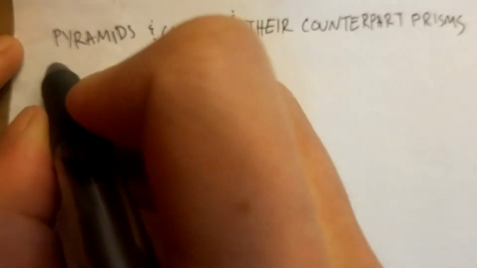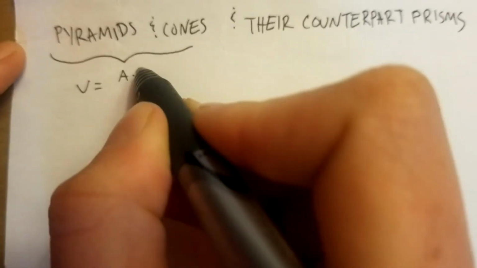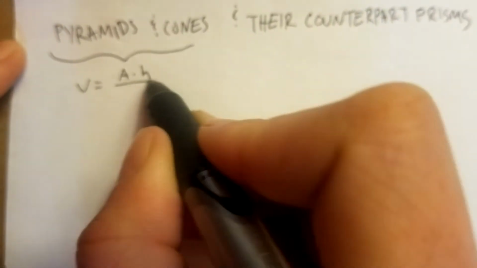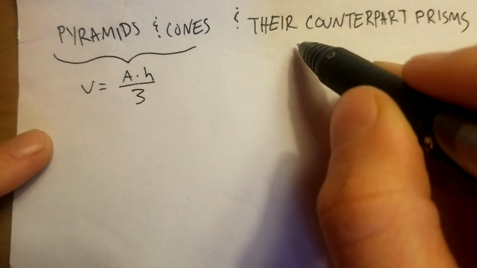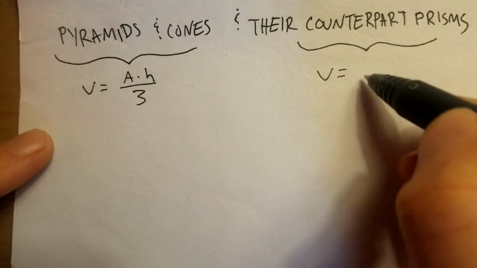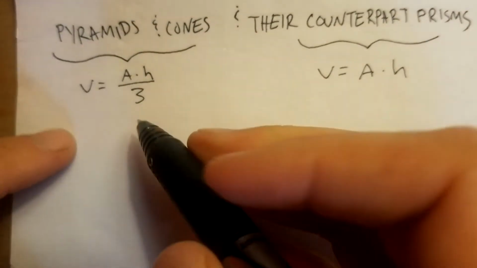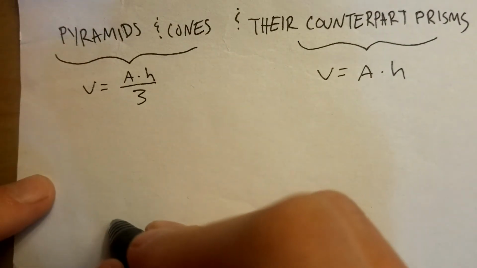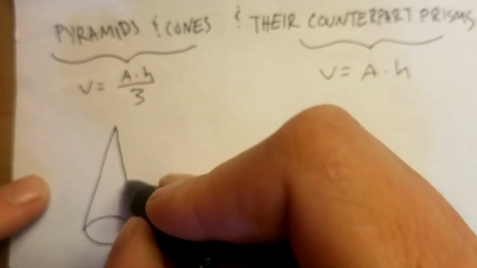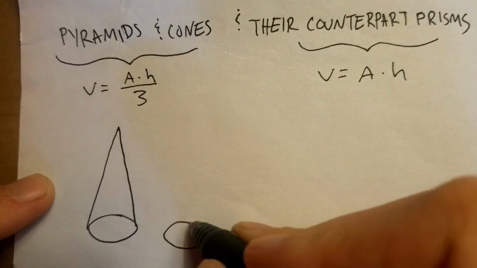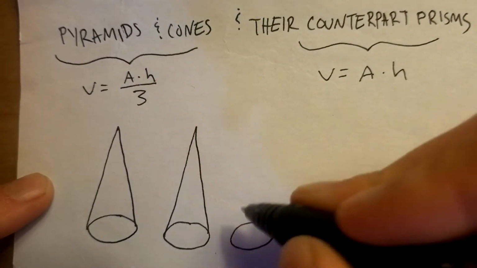Like I just covered, the volume of a pyramid and a cone is the area of the base times the height of the cone or pyramid divided by 3. Their counterpart prisms have a very similar formula. It's just the area of the base times the height. So that means that suppose you have 3 cones that are exactly the same.